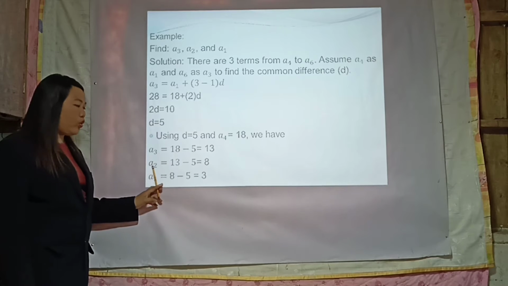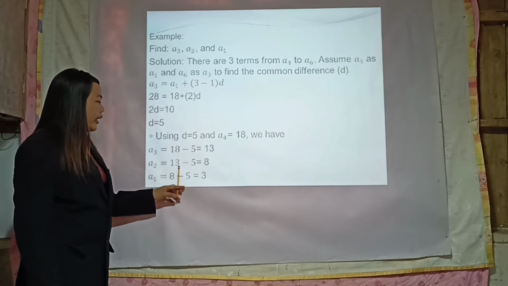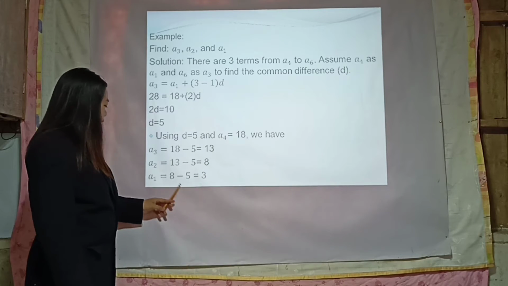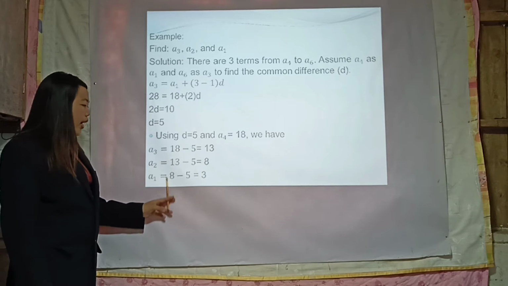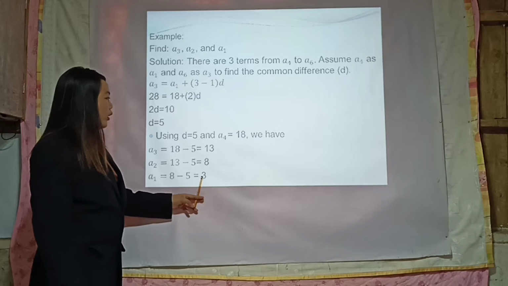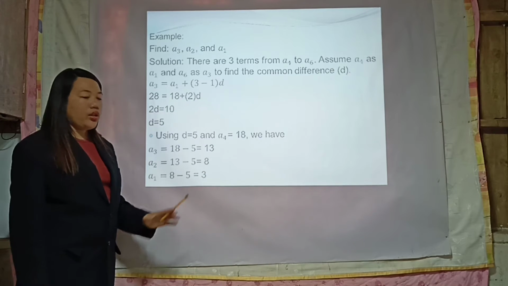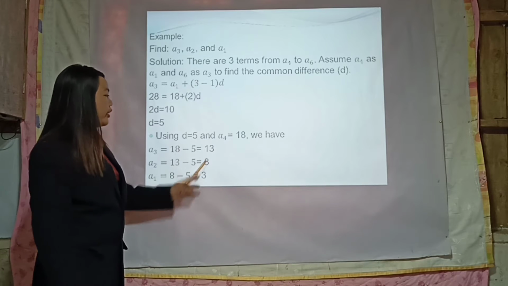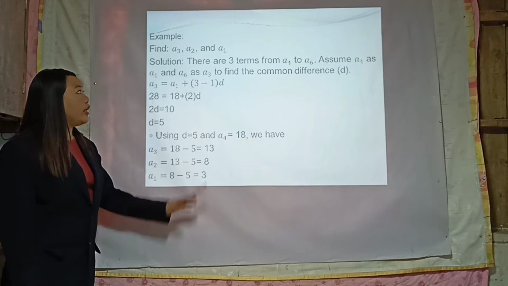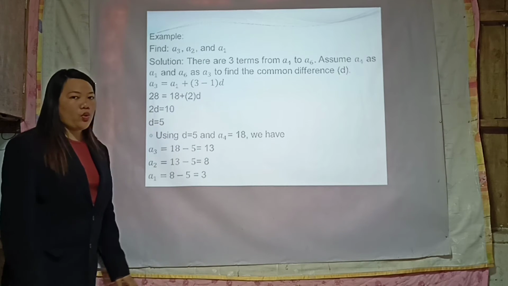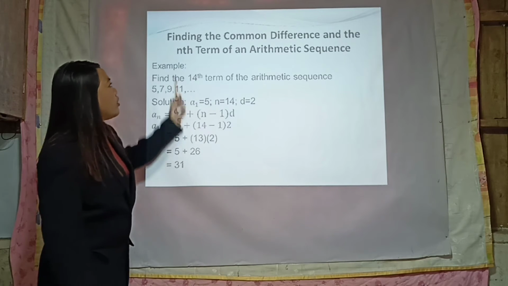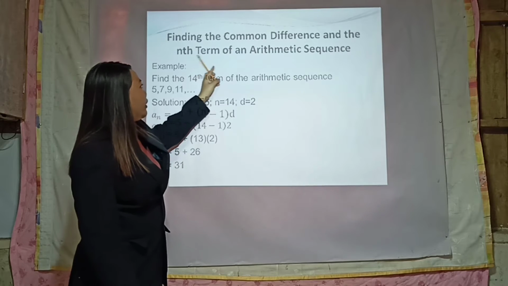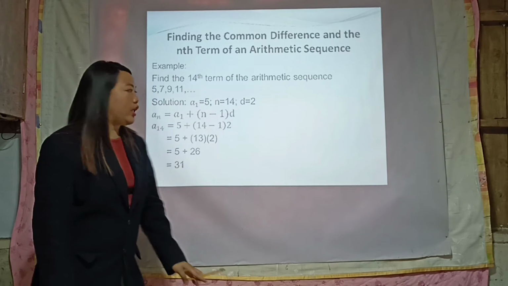So a sub 2 is equal to 13 minus 5, which is 8. And the first term is equal to 8 minus 5, which is 3. So the first term will be 3, second term will be 8, and the third term will be 13 in the arithmetic sequence.